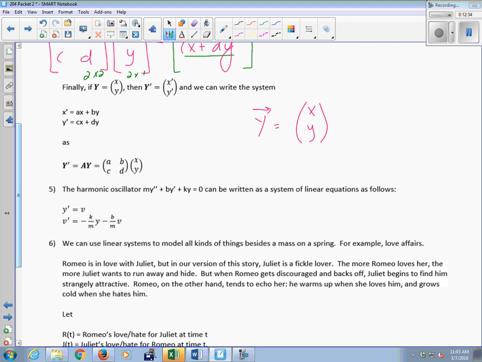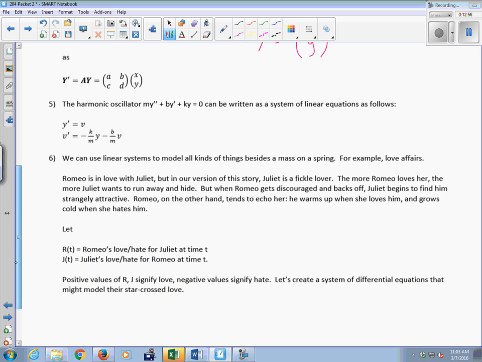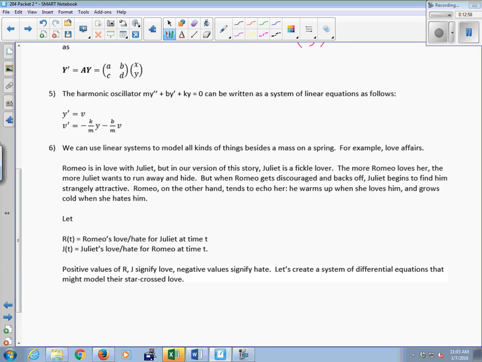All right, so the harmonic oscillator that we talked about in Chapter 2, and by the way, you were unable to solve it in the test because I messed that up. I put a question that you couldn't finish, so everyone will get credit for that question. It was number 6. I meant to tell you that earlier. It was a second order differential equation, but you had numbers for m, b, and k, and it was solve the initial value problem.